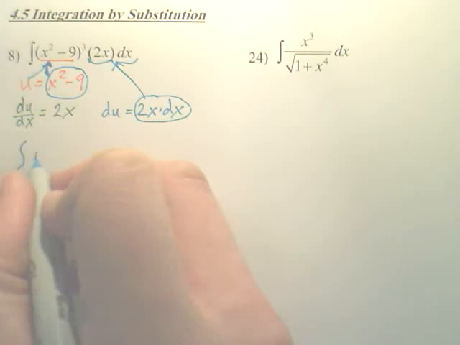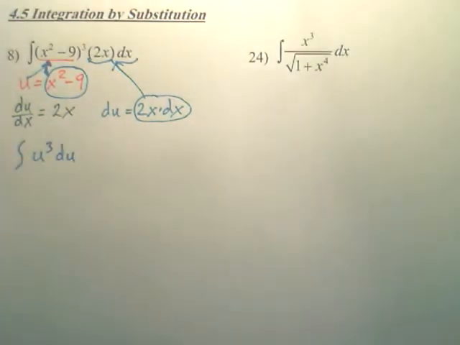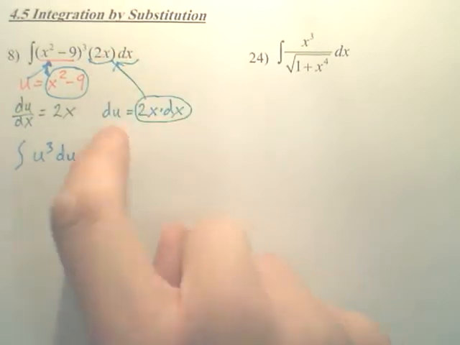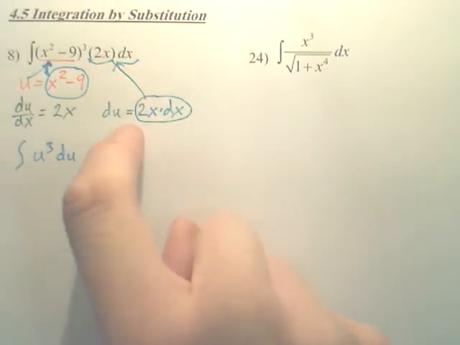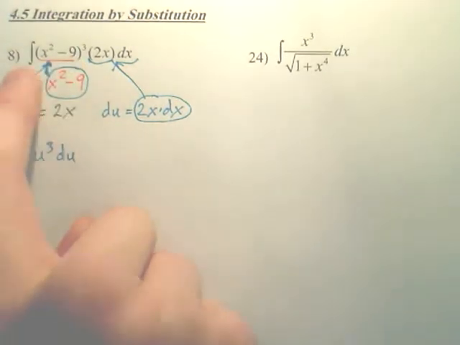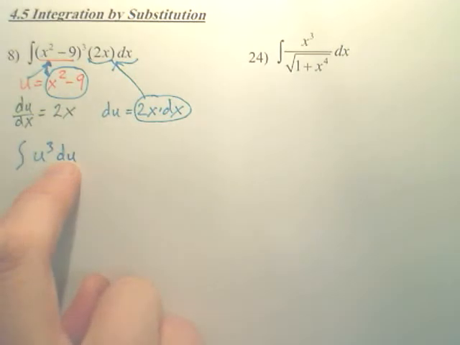Can I now have u to the third du? See right here? Doesn't du equal this? So I can replace du with this. And here, doesn't x squared minus 9 equal u? So can I replace it with u? So I have u to the third du. Can I integrate that now?